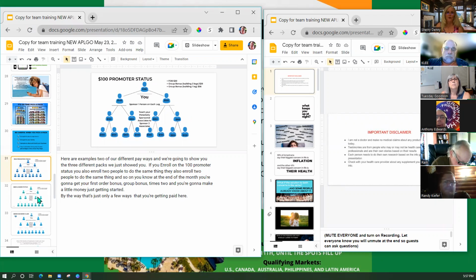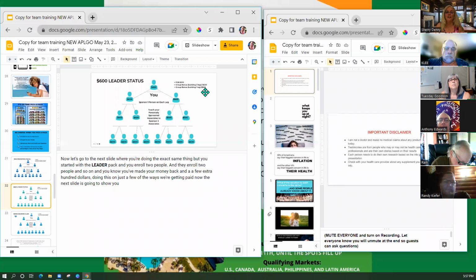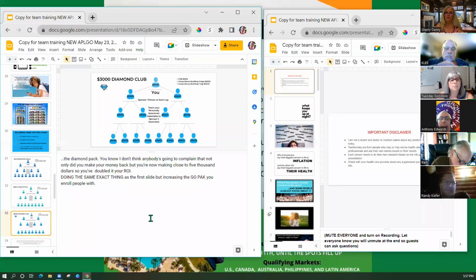When they bring them in at 600, they're getting 840. Big difference. Which would you rather have? So then when they bring in a diamond, it costs them $3,000 to come in as a diamond, but your group building on that is $5,040.